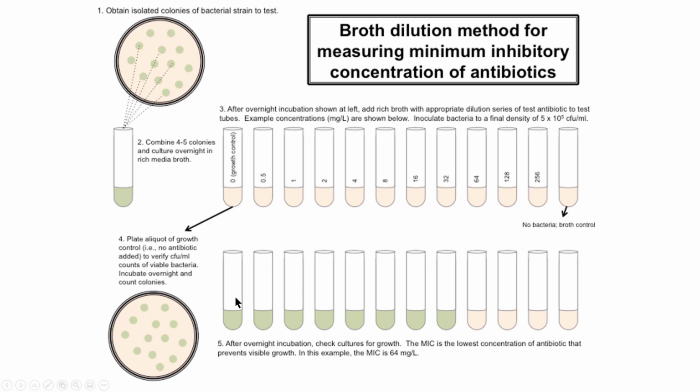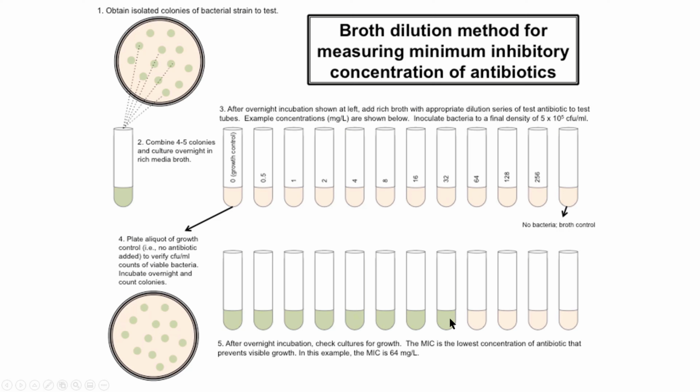After the incubation period is over, the growth becomes visible. You can see that it has become cloudy, or the color may have changed. And then you can see at what concentration nothing grew. For example, in this example, you can see that at the concentration of 64 and above, nothing was growing.